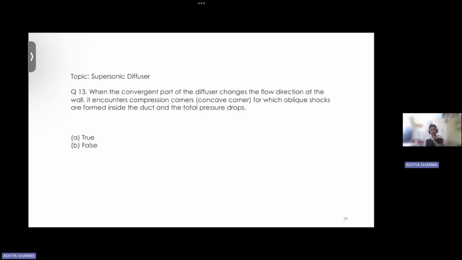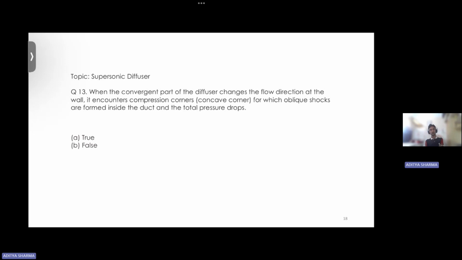So in supersonic diffusers also this happens, right? If we see a supersonic wind tunnel, when the supersonic flow exits, it starts to enter the supersonic diffuser. In that case, the convergent section acts as concave corners, right? And we get oblique shocks.